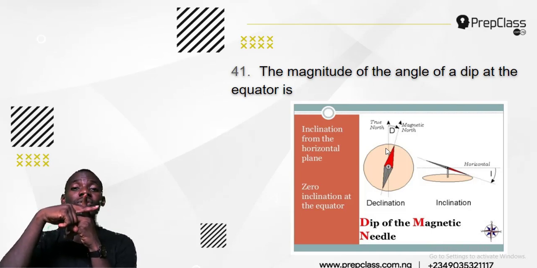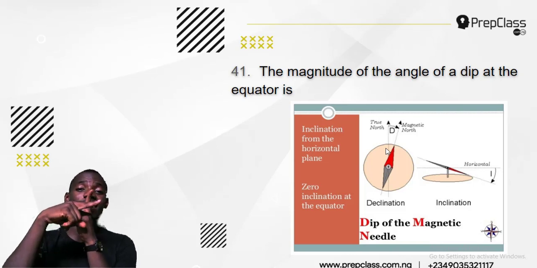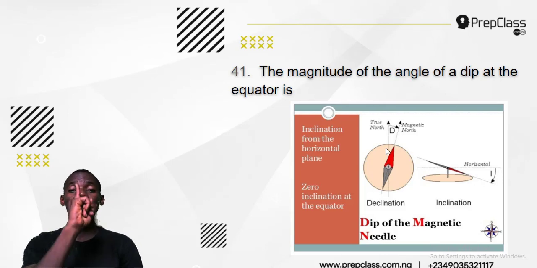I've seen so many past questions asking for these two angles, and please, it has to be clear to you. The angle between the horizontal plane and the magnetic north is called the angle of inclination, while the angle between the true north and the magnetic north is called the angle of dip.